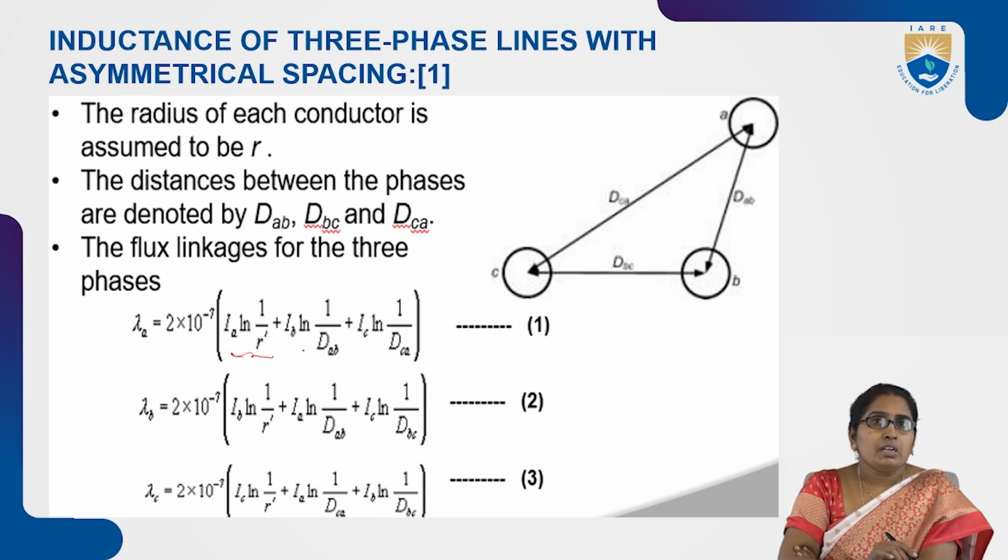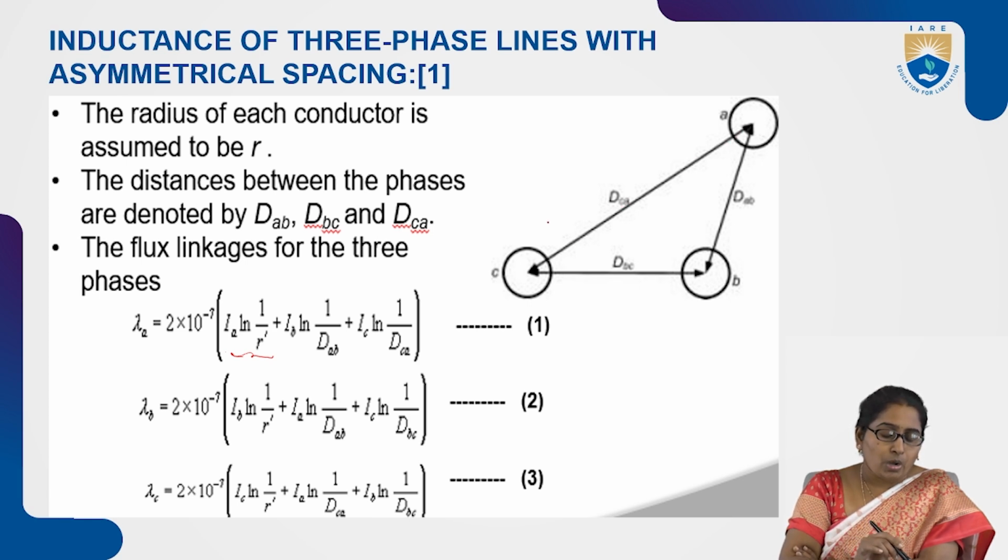Next, due to the nearby two conductors B and C. Due to conductor B, the current is Ib, so Ib into log of 1 by DAB, the distance between conductors A and B. Next, due to phase C, Ic into log of 1 by DCA, as you can see in the diagram that between conductors A and C the distance is DCA.